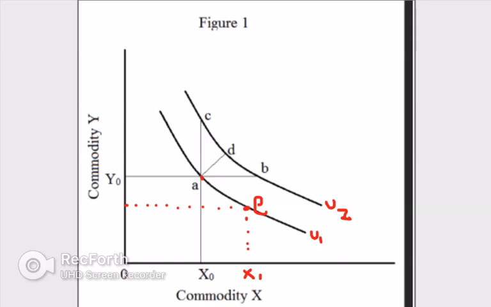So you'd say point A provides him with less utility than point C, because point C is on a higher indifference curve. However, point D and point B are on the same indifference curve, so they all provide them with the same marginal utility.